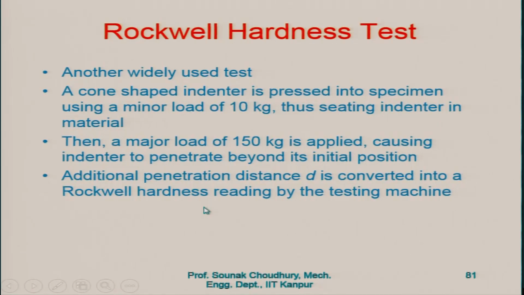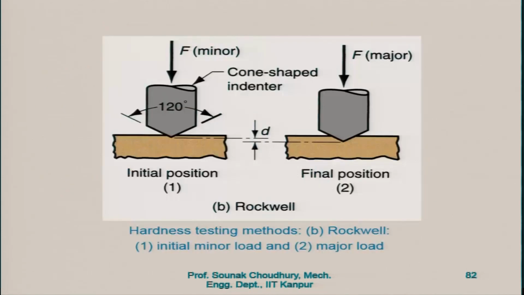Then the 150 kilogram of additional weight is applied so that the indenter penetrates deeper, and that value is used by the testing machine to find the Rockwell hardness reading. And as you understand, the Rockwell hardness will be different from the Brinell hardness, because the methods of measuring these two hardnesses are different.